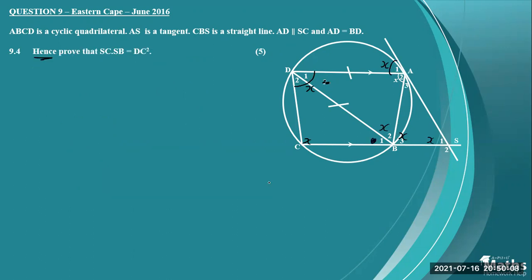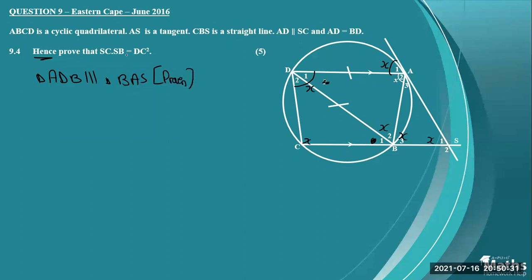So now I'm going to work with what we just proved there. So I'm going to say triangle ADB is similar to triangle BAS. That was proven.